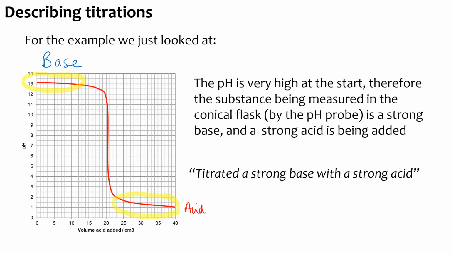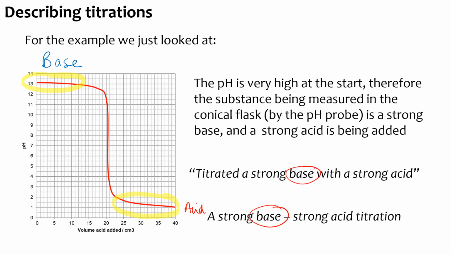This is described as titrating a strong base with a strong acid. Started off with the strong base, ended up with a strong acid. Or we could say a strong base, strong acid titration. In each case, the word base is first because it is first on the pH chart and it's what we start with in the conical flask.